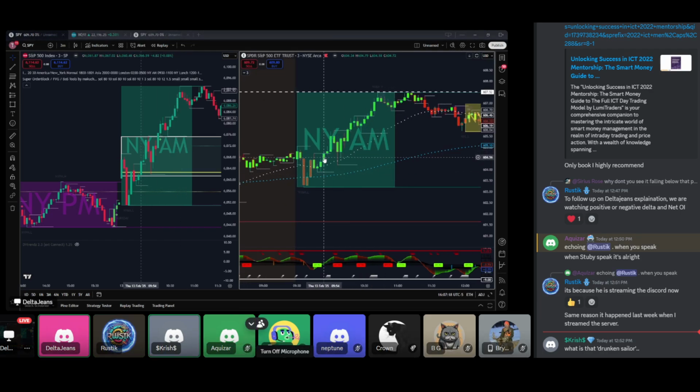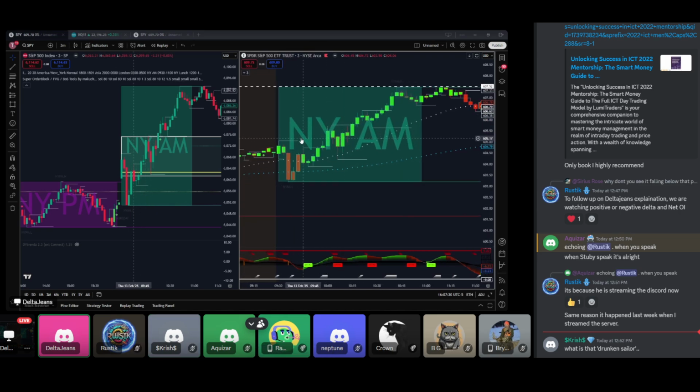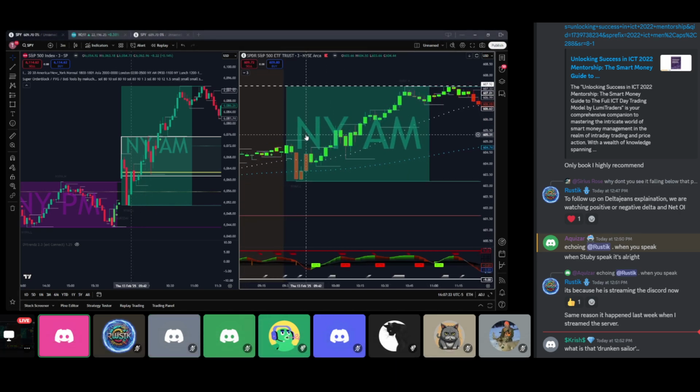If we're trying to be more precise on this, I like to make my entries on the 3-minute to 5-minute time frame. I like to look at time frame alignment. If I'm looking for time frame alignment on SPX, on ES using kill zones, I'll be using fibs to find fair value for the swings.